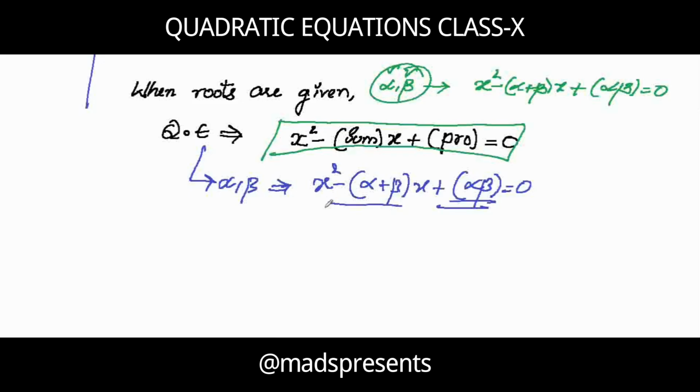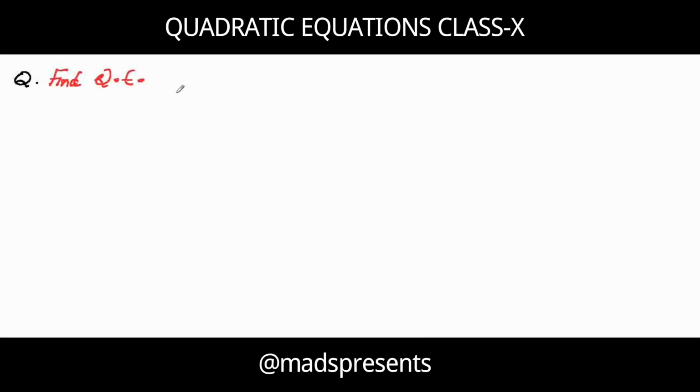If you remember this formula, then it becomes very easy to frame a quadratic equation when roots are given. So let's do some problems, you'll understand. Find the quadratic equation if the roots are 3 comma 2. So roots are given, no?